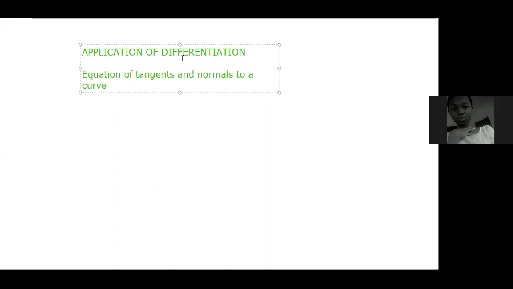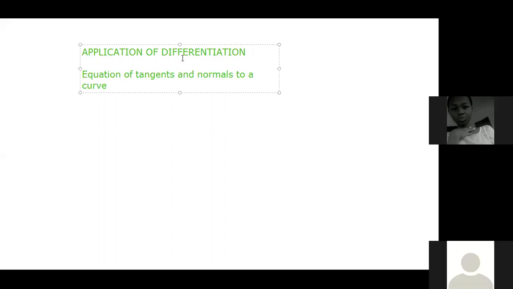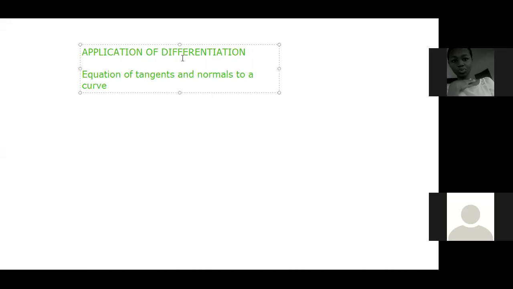I think we did this in quadratics or polynomials. Finding the equation of the tangent, the formula is straightforward. When given coordinates A, B, your formula always remains y minus y1 is equal to the gradient times, in brackets, x minus x1. Here, y minus b, where b stands for y1, is equal to the gradient.